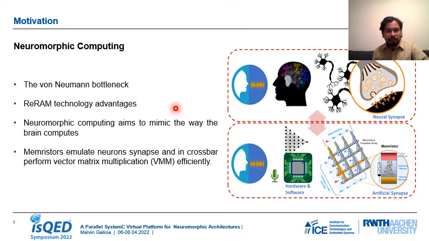So neuromorphic computing aims to mimic the way our brain computes. Our neurons have the capacity to store information and compute over it.